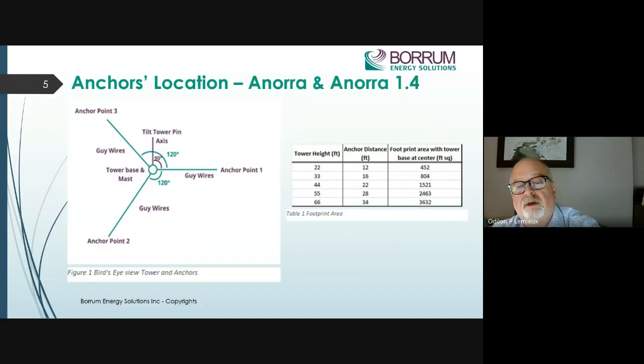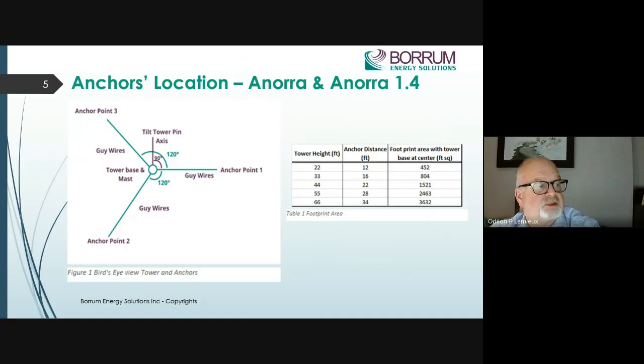Okay, I'm going to cover this now. So this is how to identify the anchors' location, and this is for the Anorra 1.4. The Anorra 1.4 is a tall tower with 3 anchors, so each anchor is 120 degrees from each other.